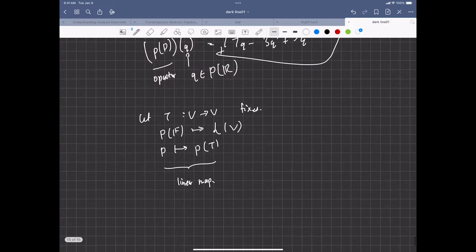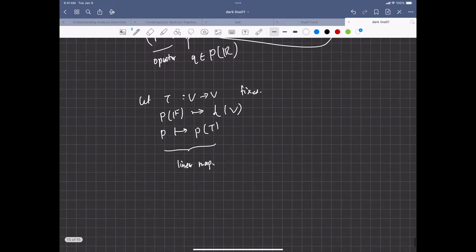And so applying a polynomial to an operator is a linear map, which is very interesting.